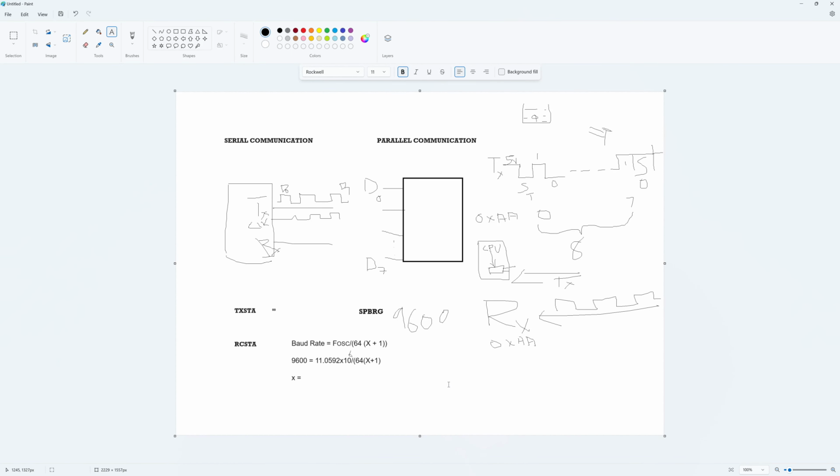Just a second, I am doing some paper calculation over here on my desk. After that I will tell you how x can be calculated.